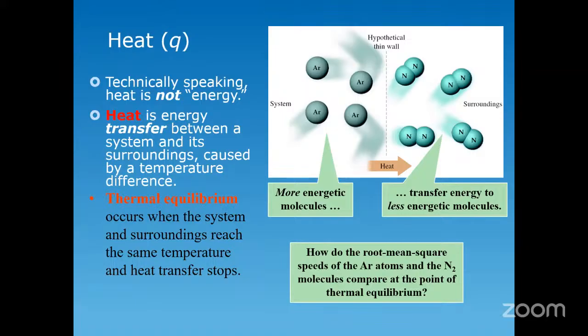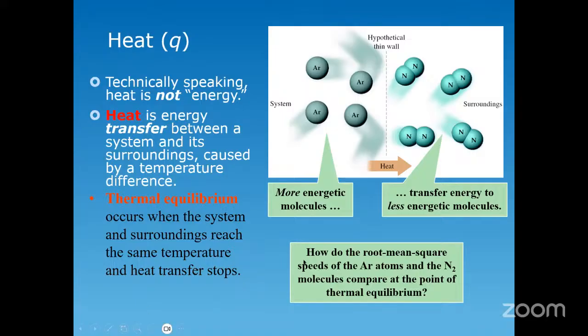And therefore, when that happens, there's no more heat transfer, all right? And if you think about it, we're going to see some examples of this. If you put something like a hot metal in contact with a cooler metal, then the heat transfer will go from the hotter object to the cooler object. And as a result, you're going to achieve thermal equilibrium eventually, and then the heat transfer will stop.